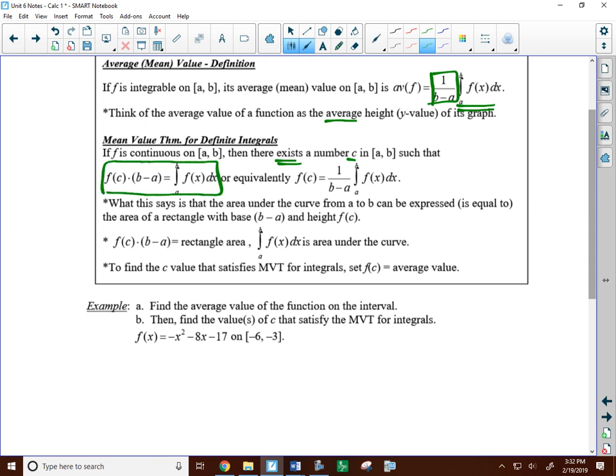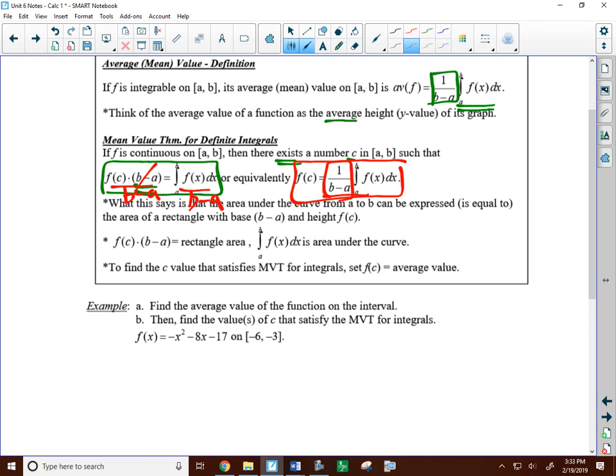Or equivalently, you can divide by b minus a on both sides to get this form. So if I took this one over here and divided by b minus a on both sides, we would get this, just putting the 1 over b minus a out front. Okay, so they're equivalent.